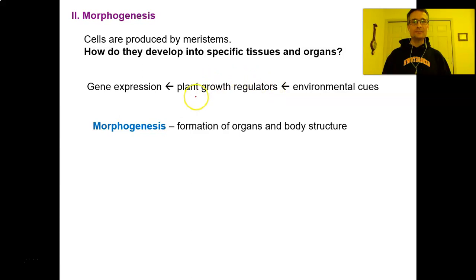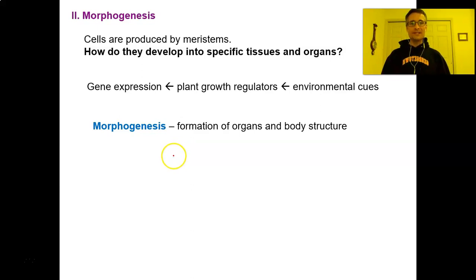And that in turn, these plant growth regulators can be influenced by a variety of environmental cues or other environmental factors. And so gene expression and eventually the form that a particular organ takes is not just a function of the genes that a plant has, but also very much a function of the environment in which the plant is growing.